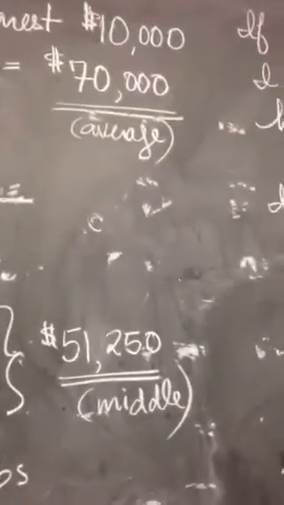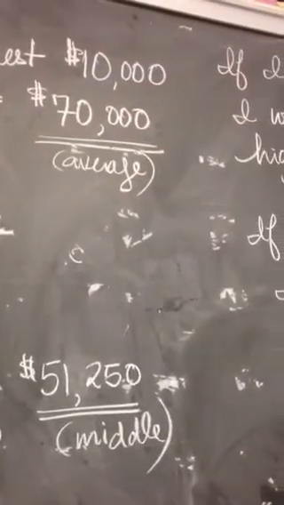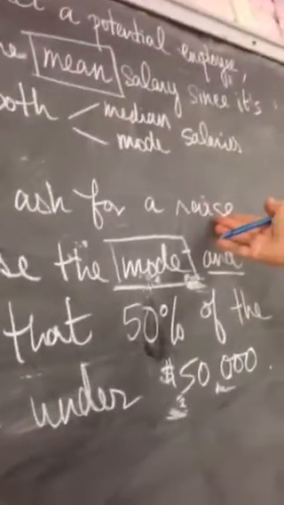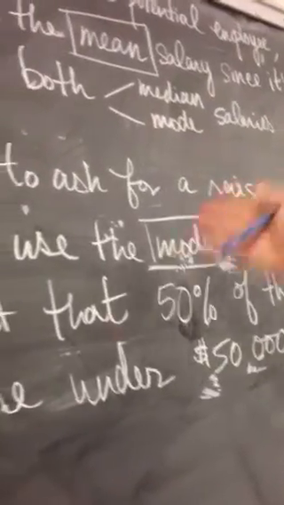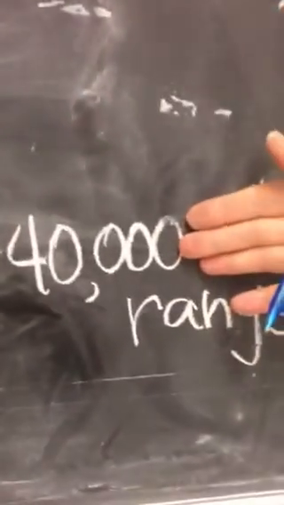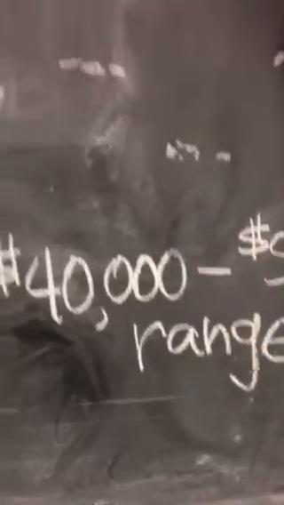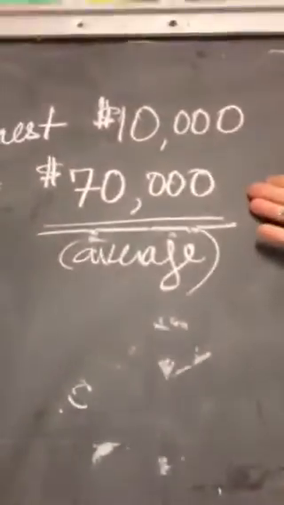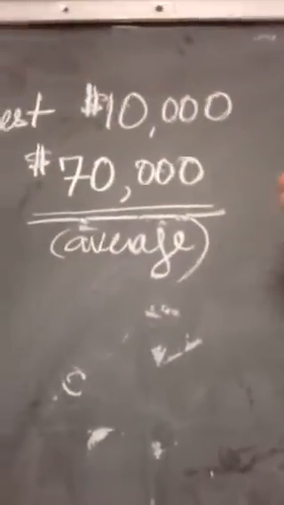On the flip side, if I were an employee and wanted a raise, I wanted more money from my employer, I think I would be using the mode, because it's actually lower than the median salary, and it's way lower than the mean salary, to ask for more money.